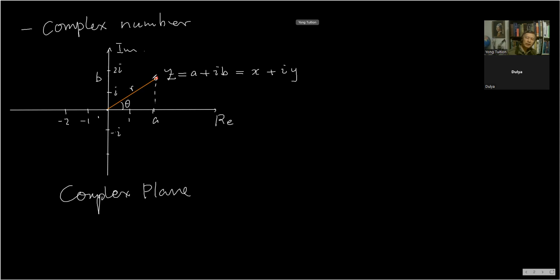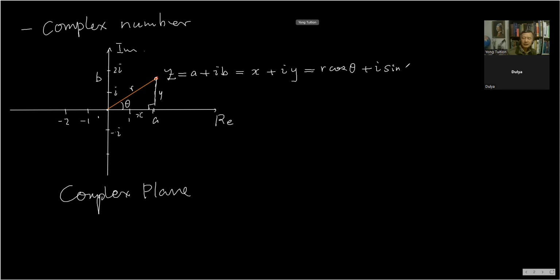Because with x, y, we know that in this triangle, x is equal to r cosine theta. Can you follow me? And what is y? In this triangle, this is y, this is x. Sine. Yep, that is r sine theta.